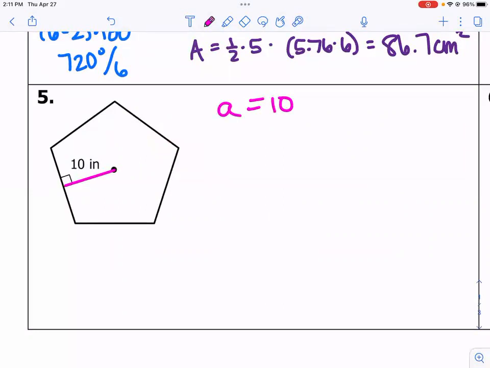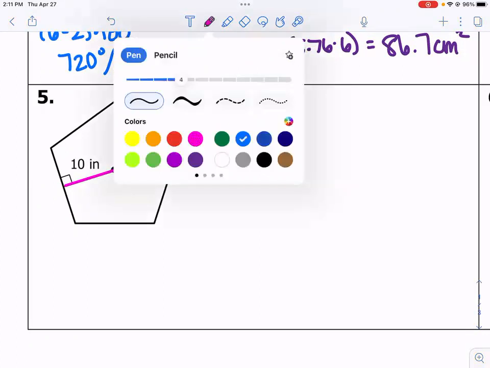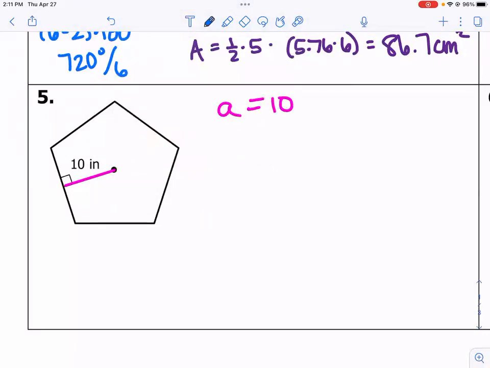Okay. Now, I want to know how many total degrees are in this regular pentagon. So if I take 5 minus 2 times 180, how many total degrees do we have? 540. And if I take 540 and divide it by those 5 angles, then each angle is, how about exactly 108?